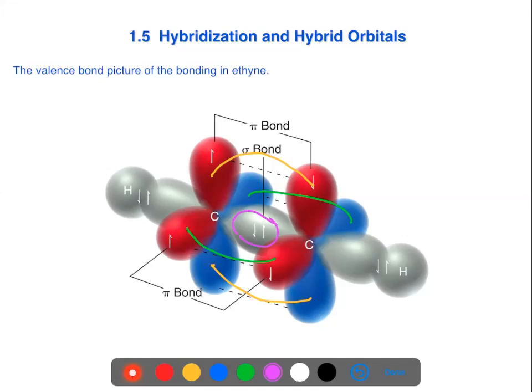You can see that the remaining sp-sp overlap between the 2 carbons gives us our sigma bond between the 2 carbons, and then the other sp hybrid orbital overlaps with the 1s of a hydrogen, in these two cases to give you the two sigma bonds to hydrogen that is observed for ethyne.